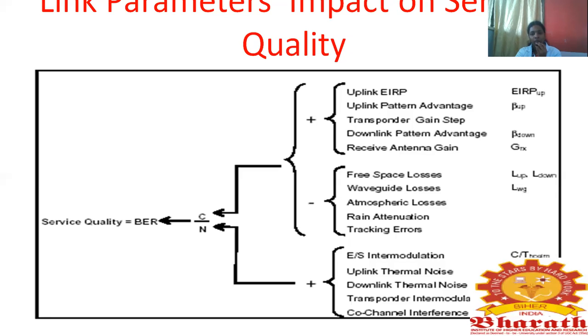Uplink thermal noise is included when you transfer the information from the base station, meaning the earth station, to the satellite. And downlink thermal noise is included when you go in the reverse path, meaning you transfer the signal from the satellite to the base station or the earth station, right?